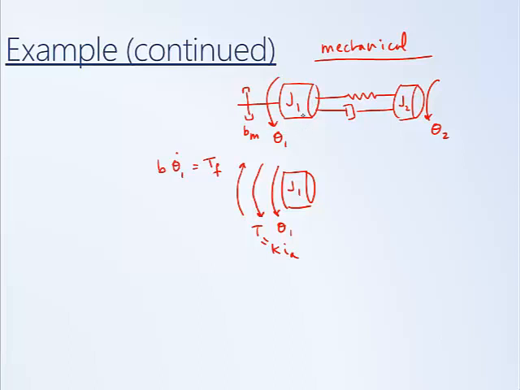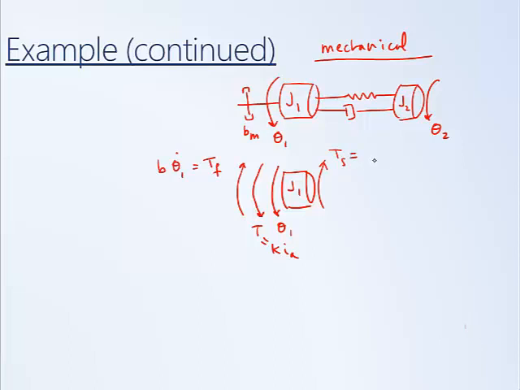So if I move this inertia in the direction of positive theta 1, I will twist the spring, and the spring will want to spring back. So I can imagine that I'll have a T sub S in that direction.